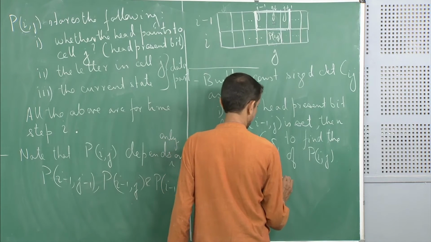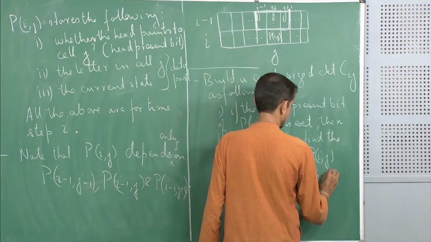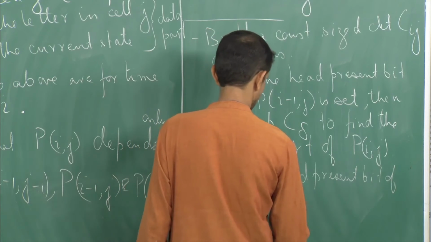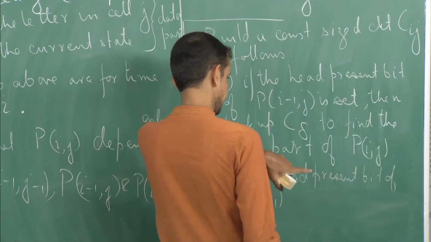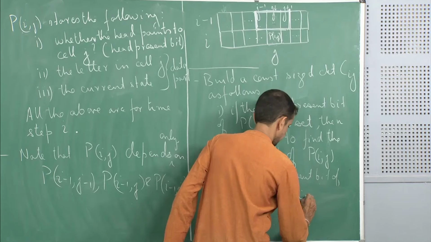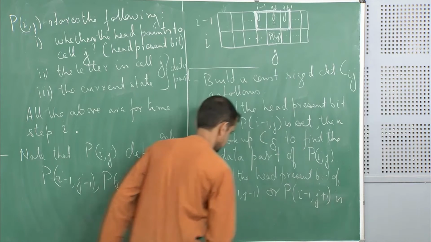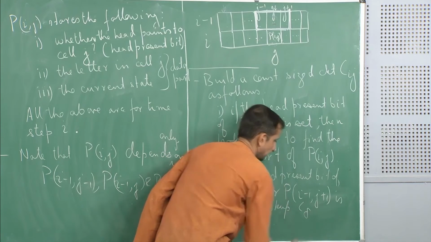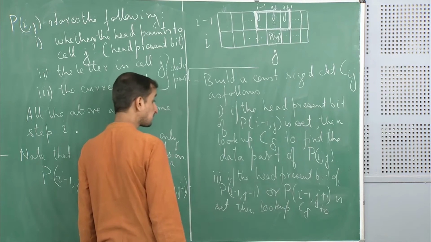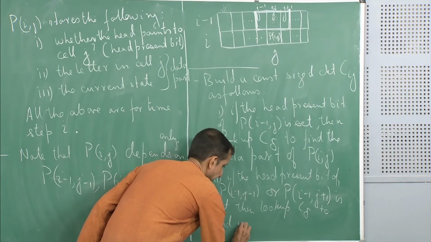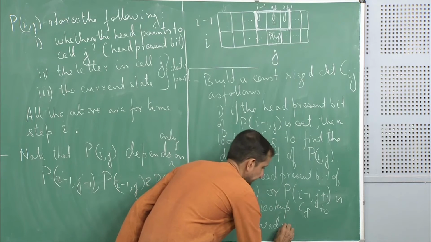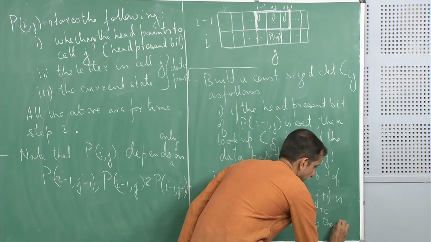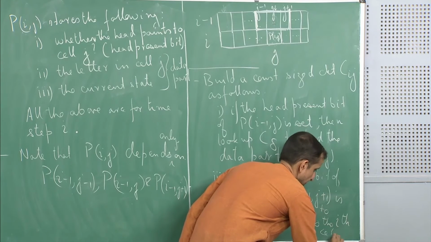So, now the remaining point is, if the head present bit of P i minus 1 j minus 1 or P i minus 1 j plus 1 is set, then look up C delta to find if the head comes to the ith cell.